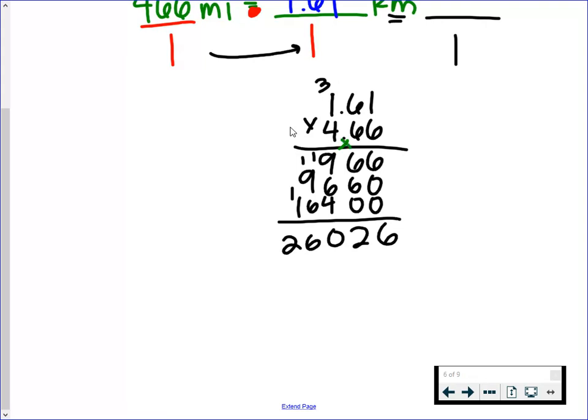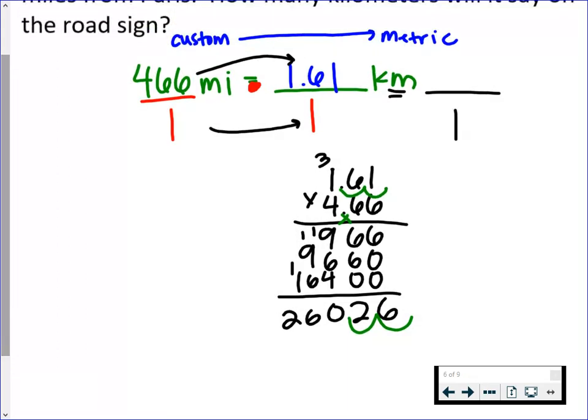Oops, no decimal there. 1, 2. 1, 2. Okay. So 466 miles in the United States is 260.26 kilometers to London.